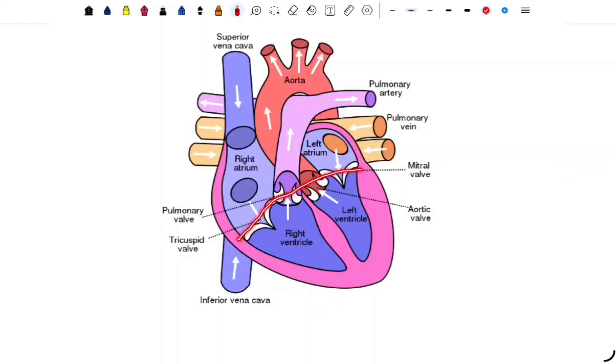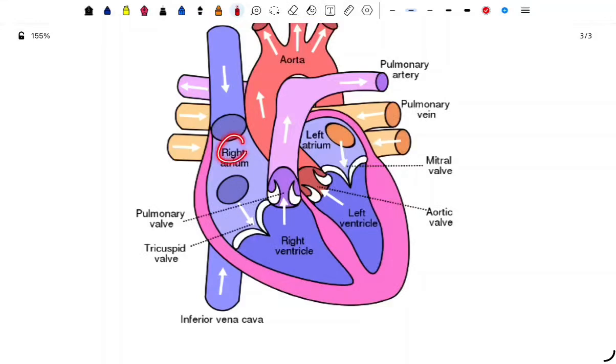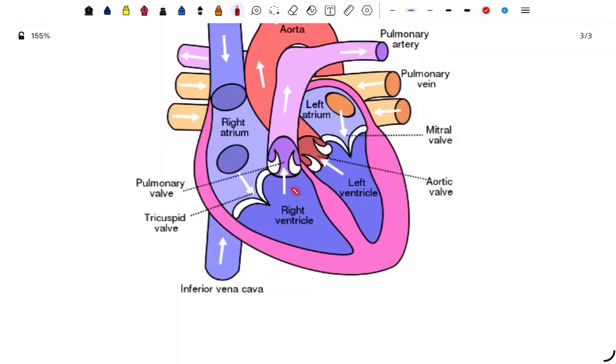If we demarcate here, this is the upper chamber, which is called the atrium, and the lower chamber, which is called the ventricle. On the right side, the chamber is called the right atrium, and on the left side, the left atrium. Similarly, on the right side it is called the right ventricle, and on the left side the left ventricle.